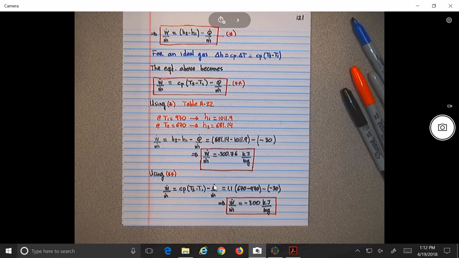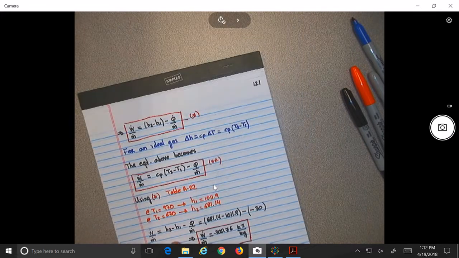Any questions so far? Okay, so let us keep going. So the next thing we need to see is what is the change in entropy? Okay?